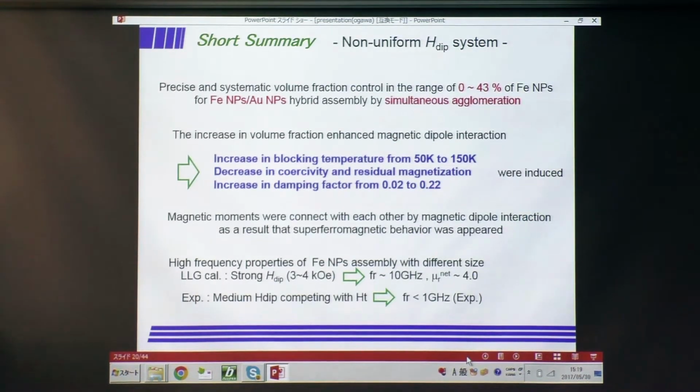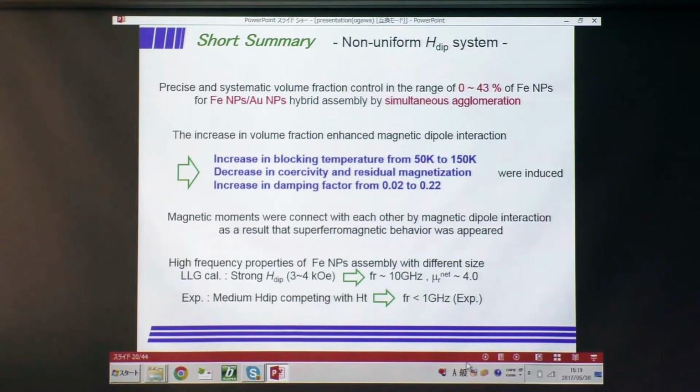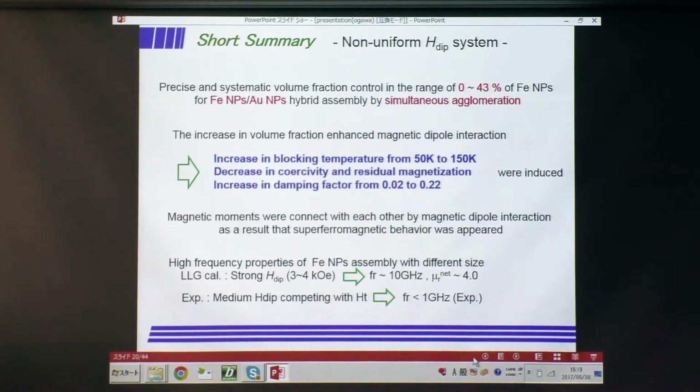And I'd like to show a short summary for the non-uniform H-dip system. We can control the iron nanoparticle volume fraction in the range from 0 to 43%, and the magnetic behavior is drastically changed compared to the isolated nanoparticle cases.